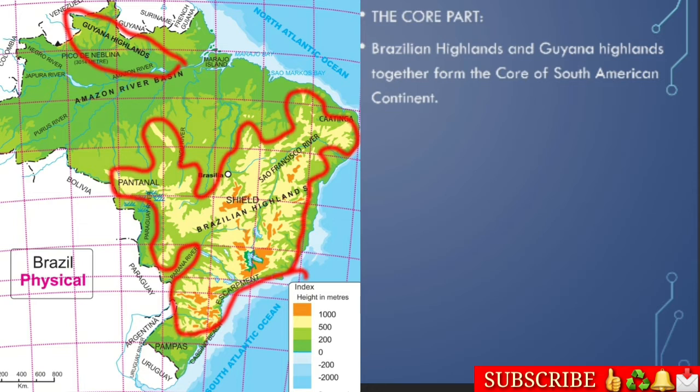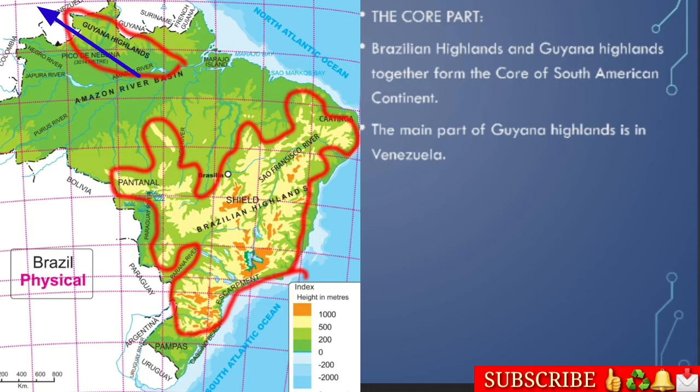Yes, student, here just now I have told you, the Brazilian highland in the east, south and west part of Brazil and Guyana highlands in the north together form the core part of South American continent. Okay, students, now see, the main part of Guyana highland is in the Venezuela.